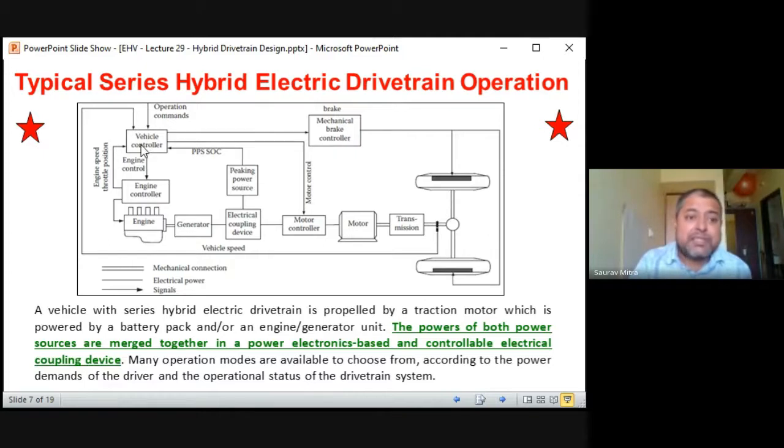So the vehicle controller is the main brain. I told you that the engine and generator are the heart because they generate the main power, but the vehicle controller is the main brain of the whole process. Whole process means the whole vehicle. Here we are talking about only one process, power generation. Obviously that is a main process, but apart from that many other processes are there, and all these processes are controlled by the vehicle controller.